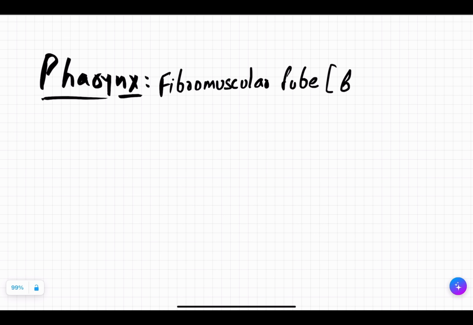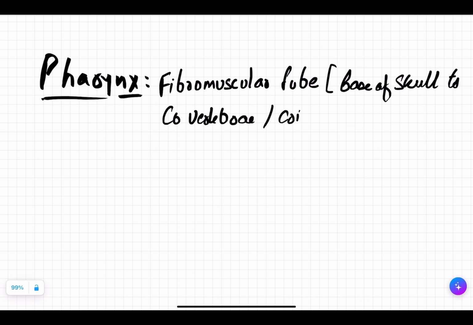From the base of skull to C6 vertebrae or at the level of cricoid cartilage. Cricoid cartilage, you know, from the larynx.